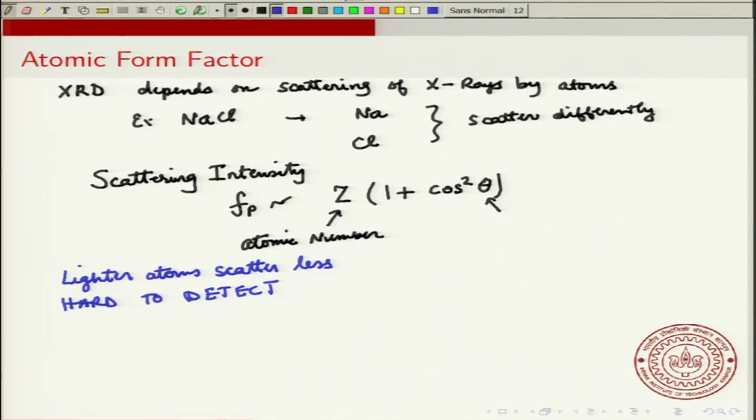In fact, for this reason you may have heard that hydrogen atoms are very hard to detect, almost impossible to detect. So, hydrogen atoms cannot be detected.